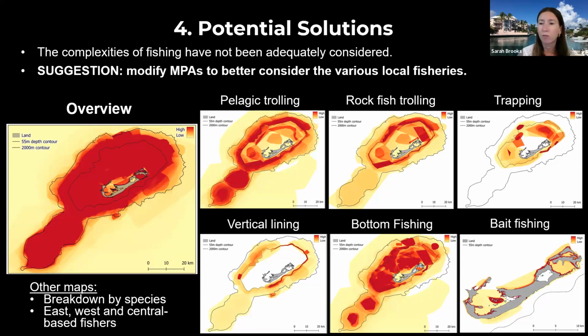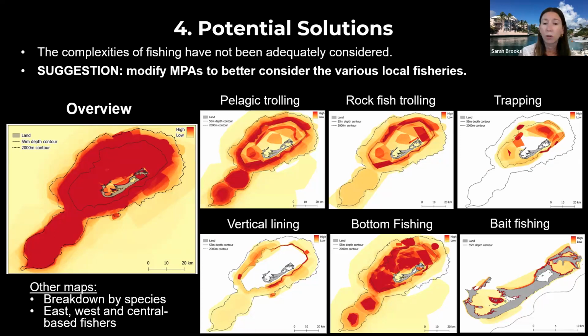And the way we addressed this was by reopening the Ocean Use Survey. So you might remember that the original survey was started back in 2020. But during this time, the commercial fishermen didn't provide us with the level of detail that was needed to be able to analyze the data in these complex ways. So we reopened this survey at the end of last year in order to get that level of detail.